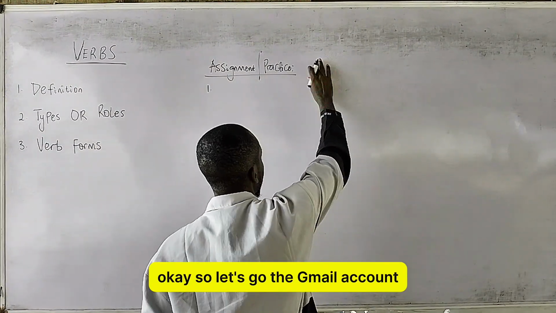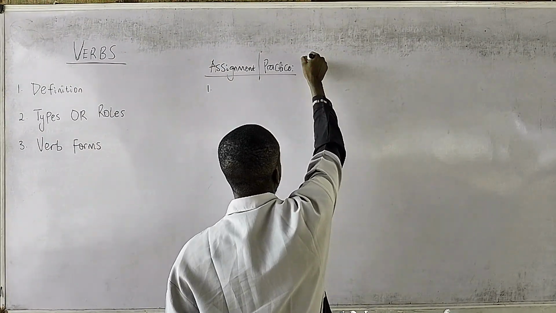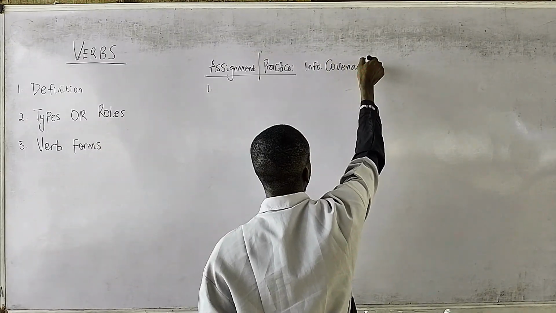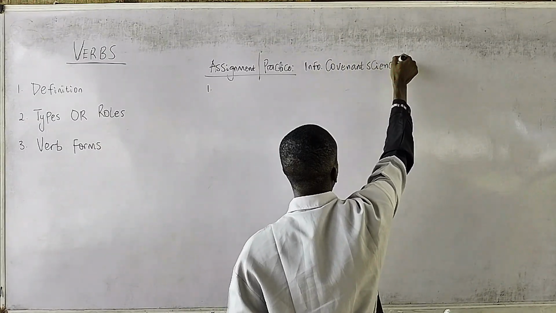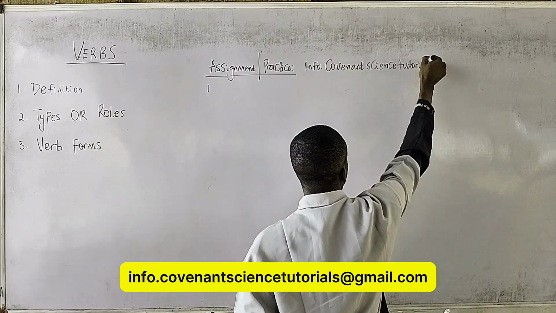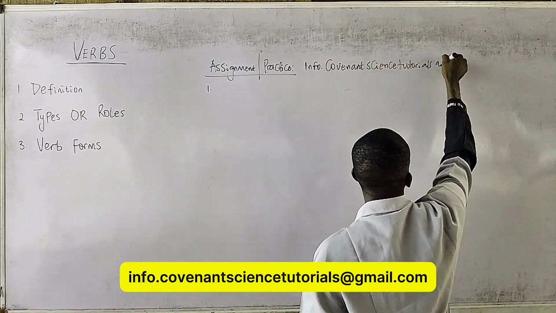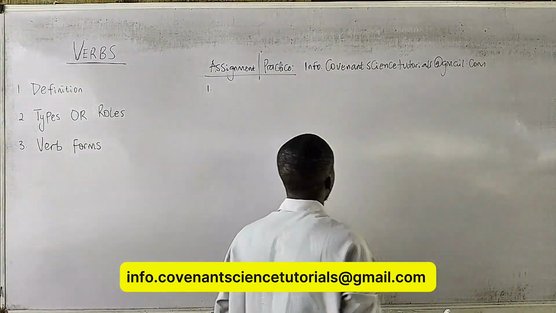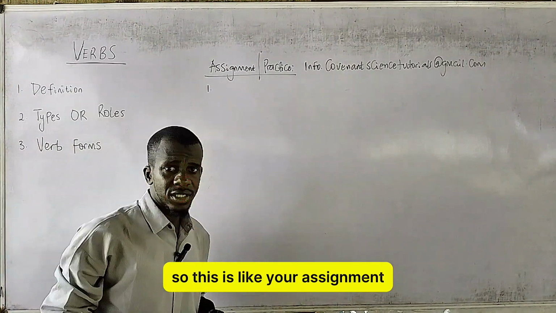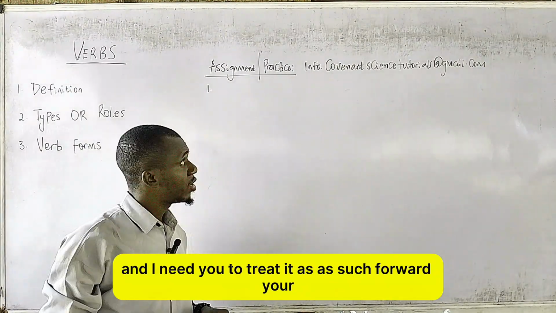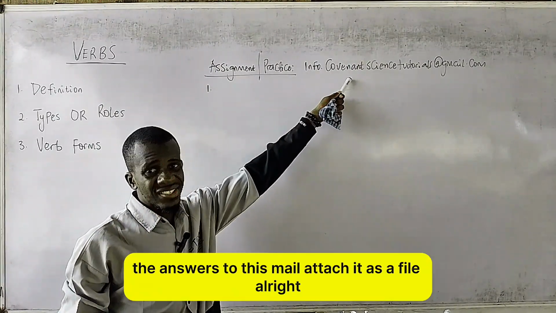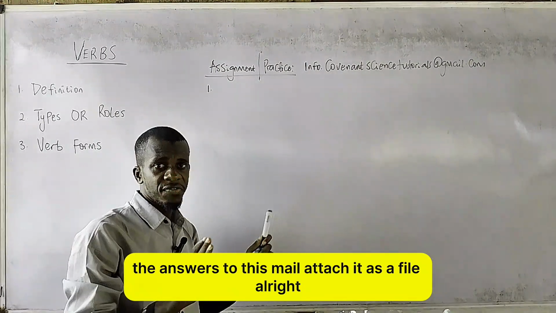The Gmail account here is info.convenantscience tutorials@gmail.com. So this is like your assignment, and I need you to treat it as such. Forward your assignments, the answers to this mail, attach it as a file.